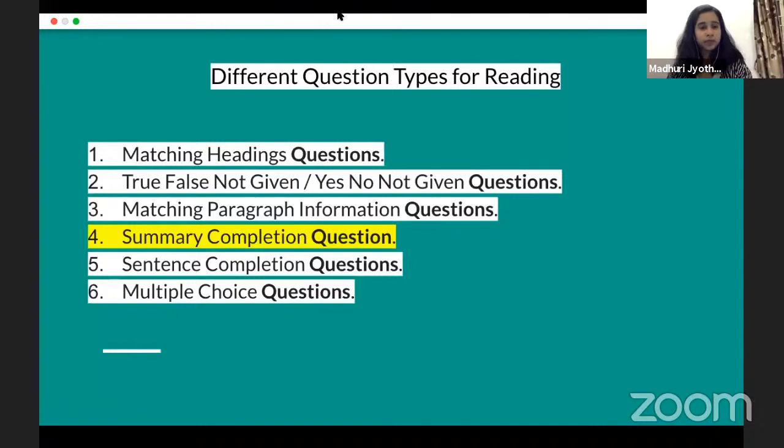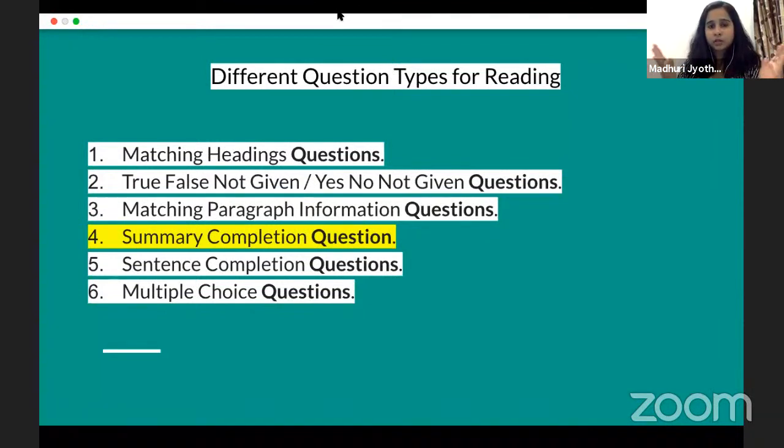So these are the different types of questions. I've written it down for you here. As I said, you will get the PPT, so you can use it for your reference. Matching headings questions are where they would give you a list of headings and you have to put them in the correct paragraph. Then there will be true, false, and not given, or yes, no, not given. Make sure you do not confuse true, false, not given and yes, no, not given.